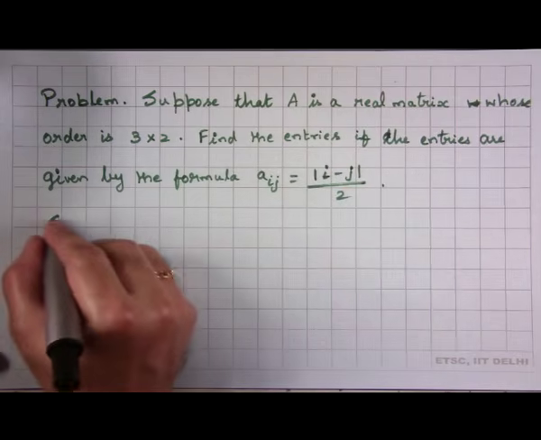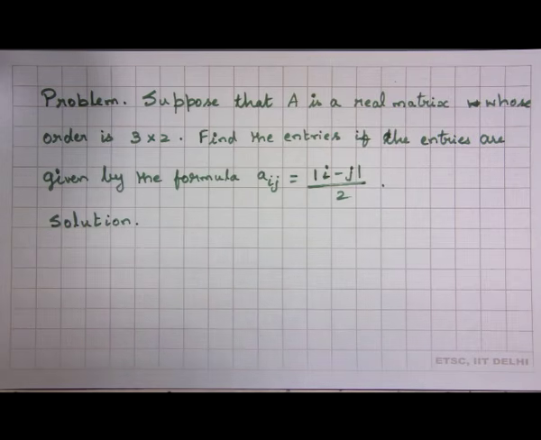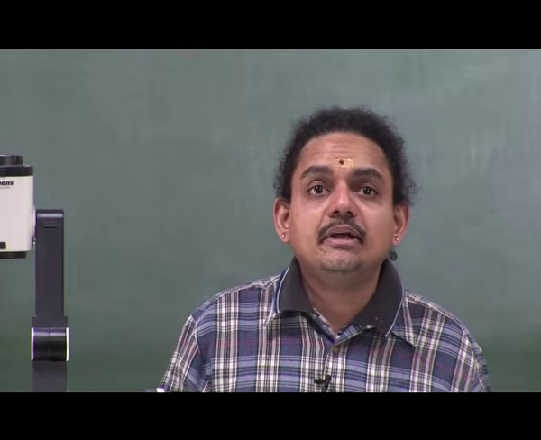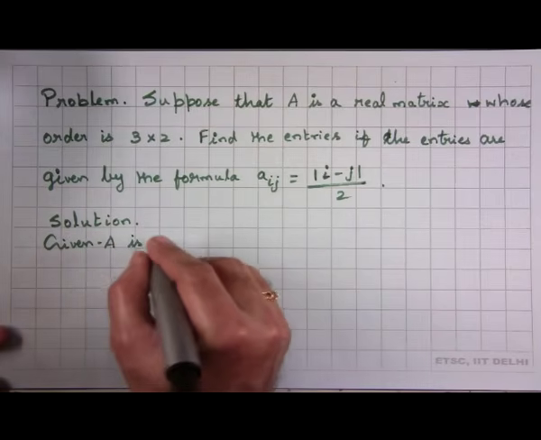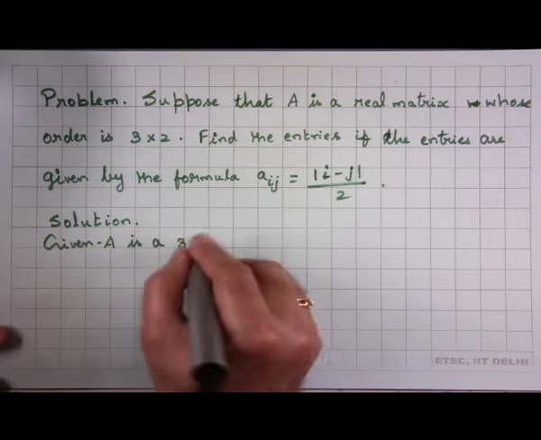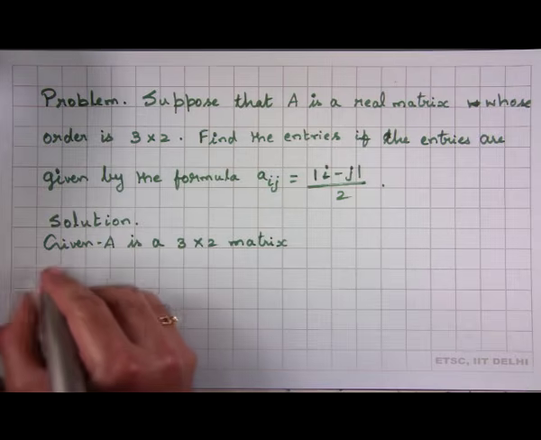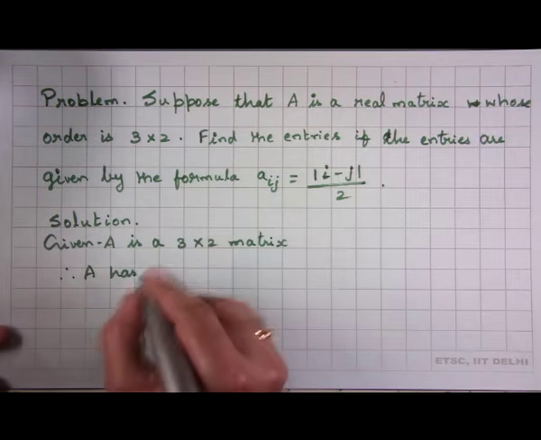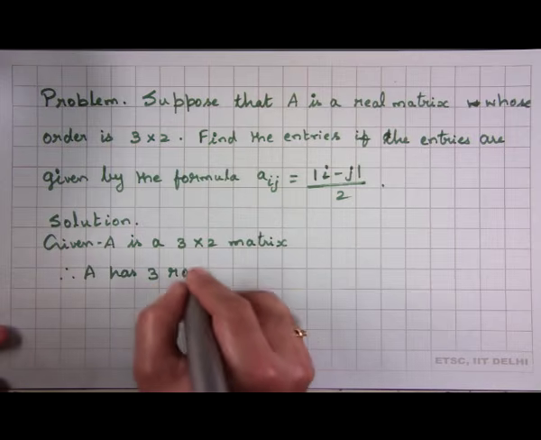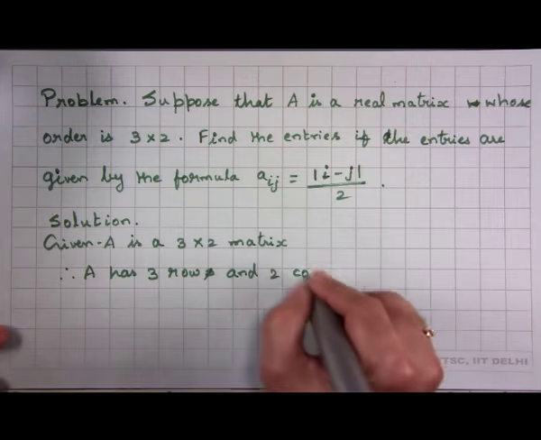Let us try to solve this. Given a matrix A, an m by n matrix A, the ijth entry will be denoted as Aij. Given A is a 3 by 2 matrix, therefore, A has 3 rows and 2 columns.